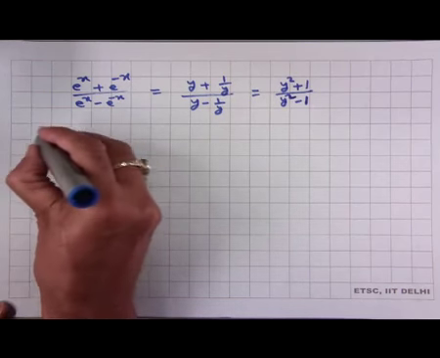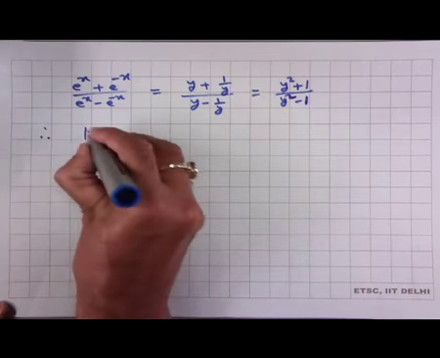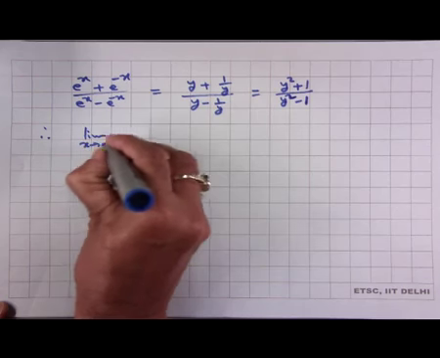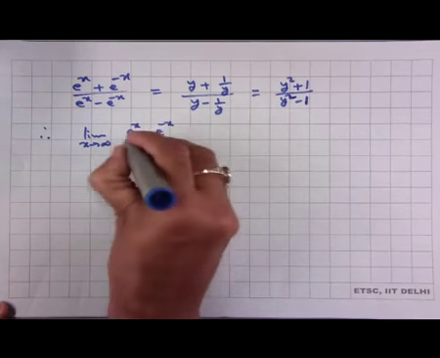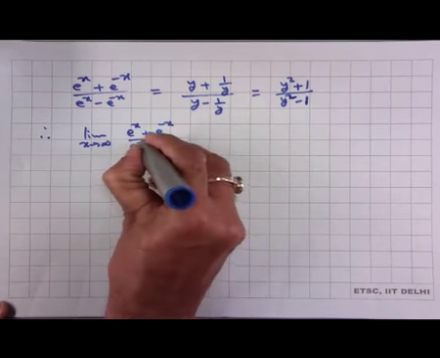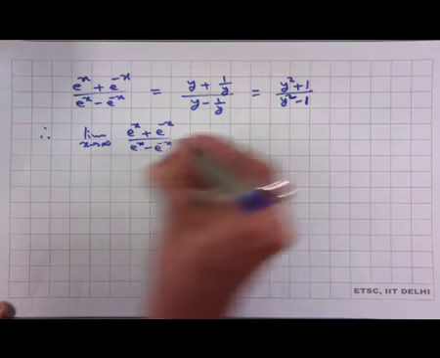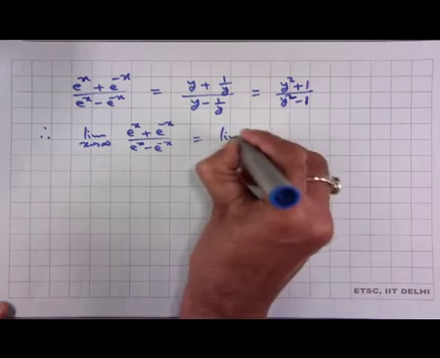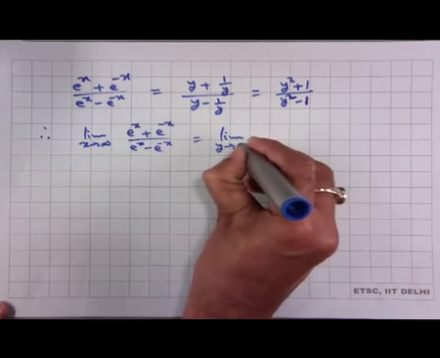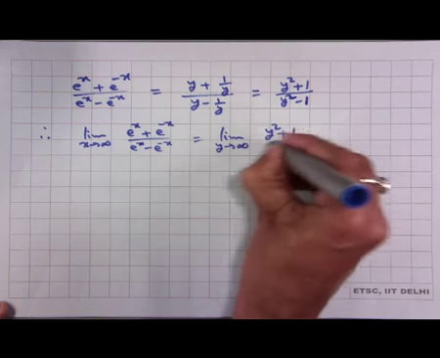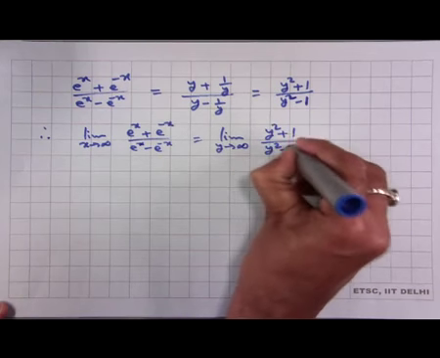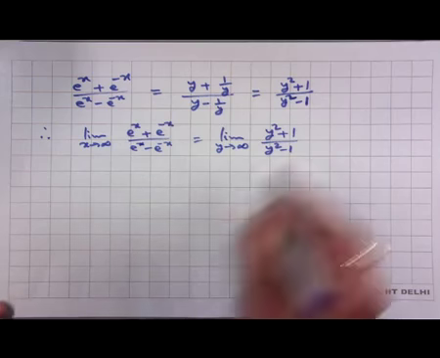Therefore, the limit x going to infinity of e to the x plus e to the minus x by e to the x minus e to the minus x is nothing but the limit of y going to infinity of y square plus 1 by y square minus 1, which we know how to calculate.